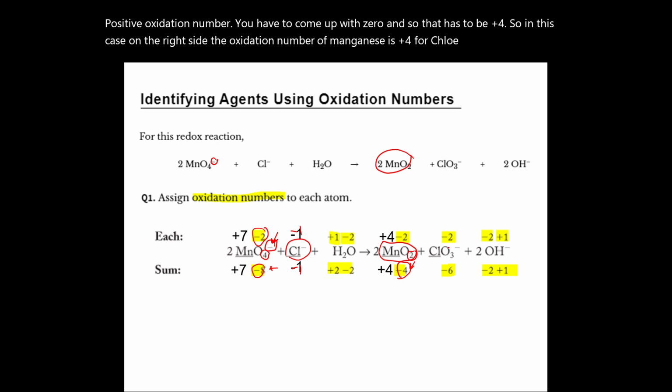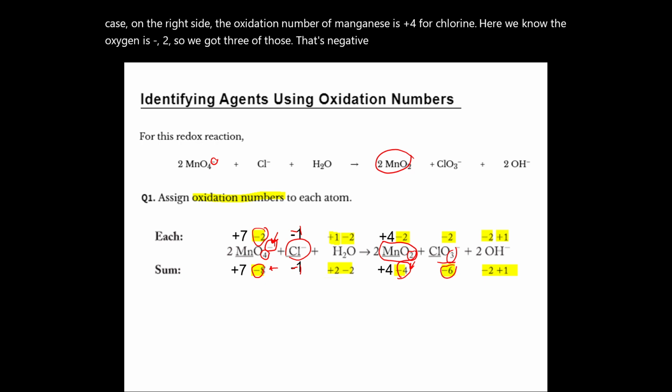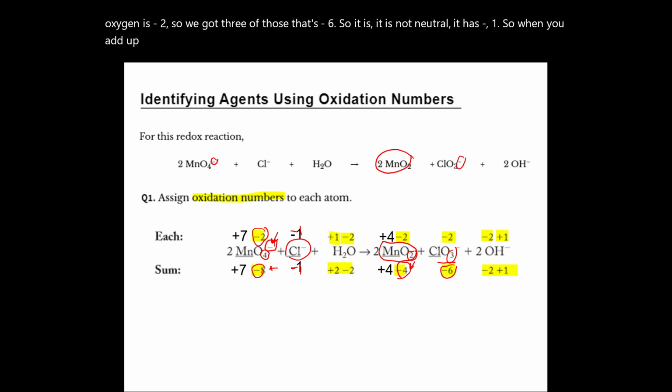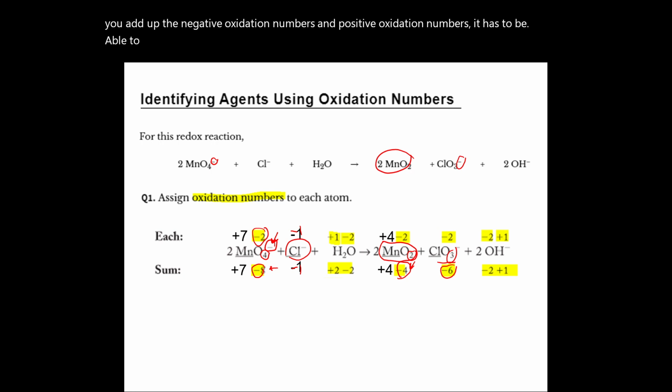For chlorine here, we know the oxygen is -2, so we got 3 of those, that's -6. So it is not neutral, it has -1. So when you add up the negative oxidation numbers and positive oxidation numbers, it has to be equal to -1.